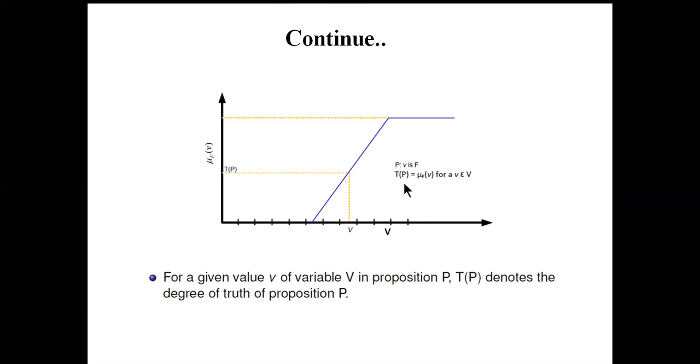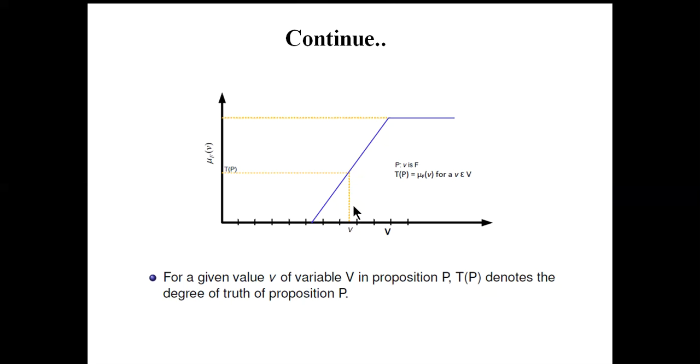This is the corresponding membership graph: we plot the variable V along the x-axis, and along the y-axis the corresponding membership value. So for a given value V of the variable capital V, the truth value T(P) denotes the degree of truth of proposition P.